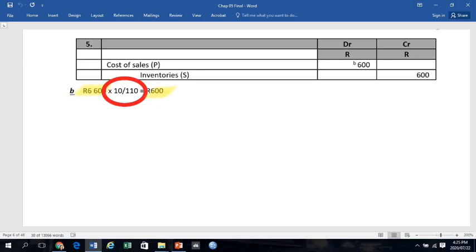I want to reduce the gross profit of the group, and the inventories of the buying entity is overstated. I debit cost of sales of the selling entity, being the parent, and I credit the inventories of the buying entity with this unrealized profit amount of 600 Rand.